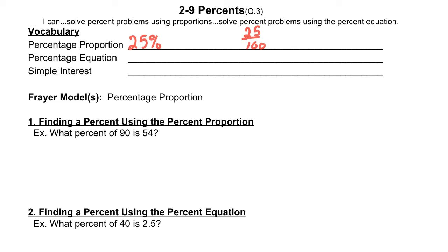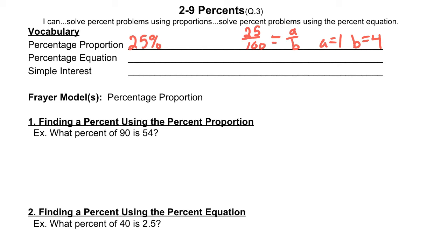We can write that as a ratio, okay? And then any fraction that satisfies 25 over 100 is represented by a over b. So an example of that would be like a is 1, b is 4. 1 over 4 is the same as 25 over 100.